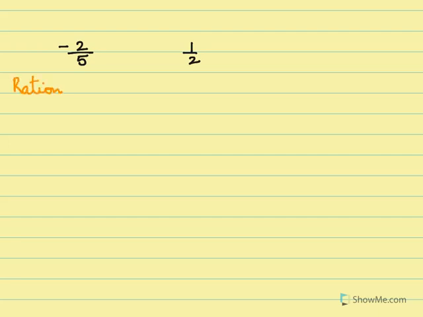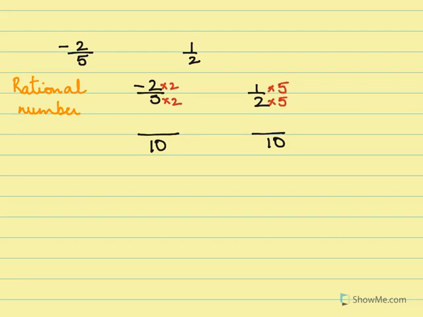To find a rational number, the denominators should be the same, they should be like fractions. So we'll write here minus 2/5 and 1/2. The LCM of 5 and 2 is 10. So I've multiplied this by 2 to make 10, this also by 2, this by 5 and by 5.